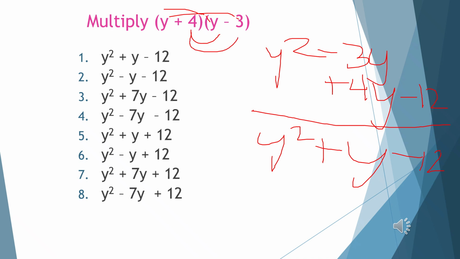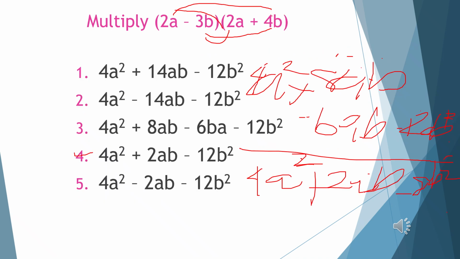So we simplify, we have y squared, and then 4 minus 3, that's y, minus 12. Okay? So the correct answer is number 1. So, you can do it like this, right? Use the FOIL method and you just combine like terms like this. Then, this is easy also. Then, let's have another.